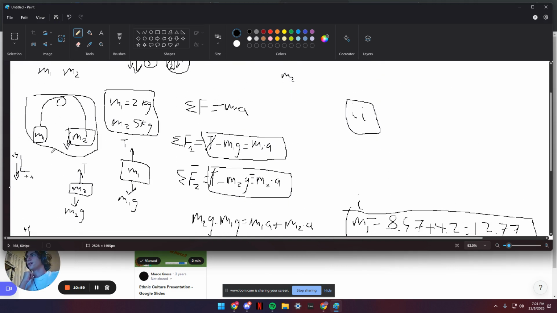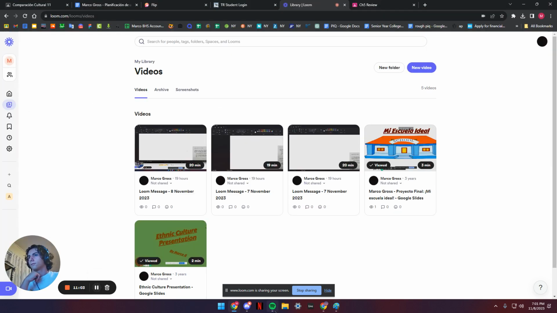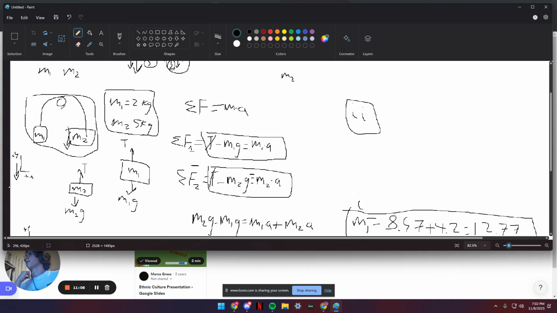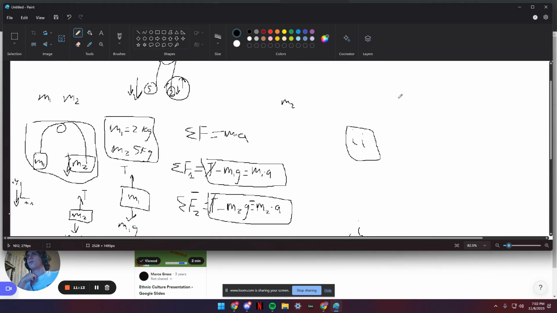The acceleration inside of the system is still the same, since the masses still weigh the same, but for the acceleration of the whole system, the pulley connected to the masses, the net force being exerted on the system is equal to 125 now, and this is equal to mass times acceleration of the system.